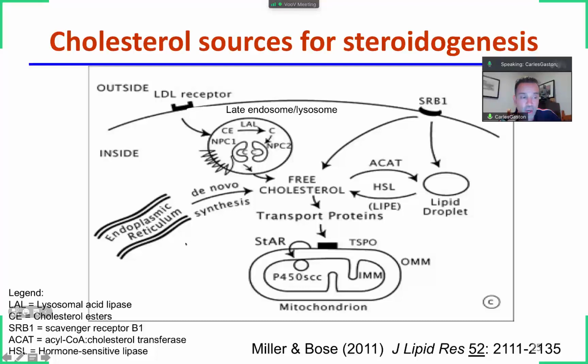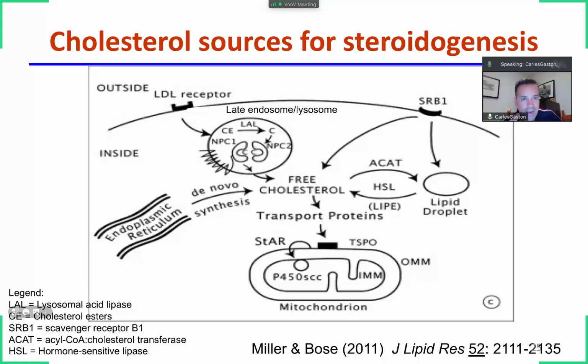TSPO will act in the outer layer of the mitochondria to internalize the cholesterol, and inside of the internal mitochondrial layer, the enzyme P450 will produce the modification of cholesterol.